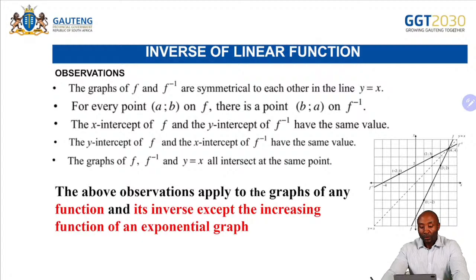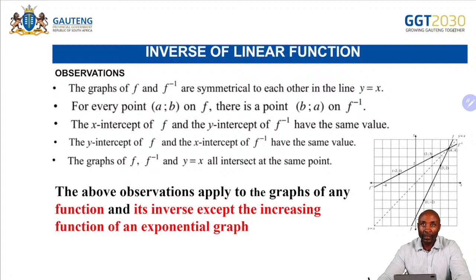Now, you will realize that these will intersect except for the exponential function, which is increasing. When our b is greater than 1, you will find that the two functions will not intersect, but the reflection line is still y equals x, which gives us our axis of symmetry.